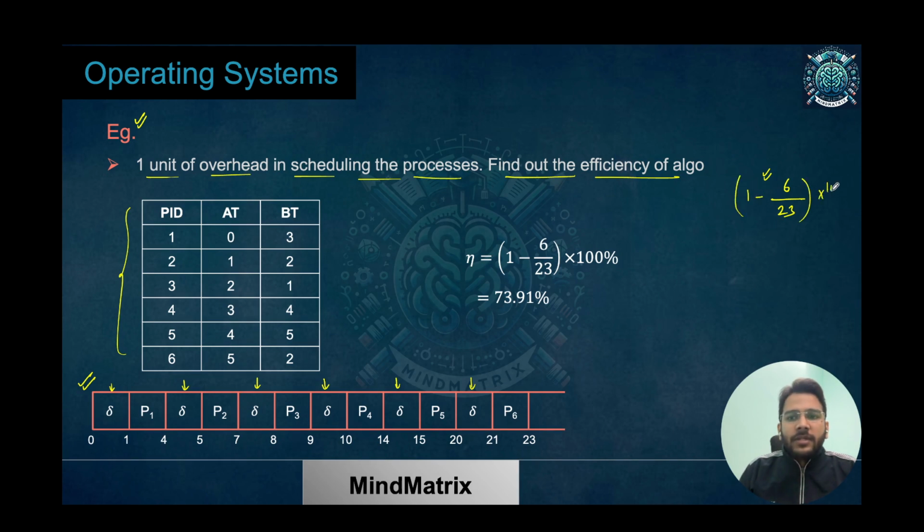And in terms of percentage, this is going to be the efficiency of the CPU, that is 73.91% in case of scheduling it using FCFS. Clear? So these types of questions can also be asked in the exam to find the efficiency. And inefficiency is nothing but 100 minus 73.91, or basically 6 by 23 into 100. That is going to give you the inefficiency.